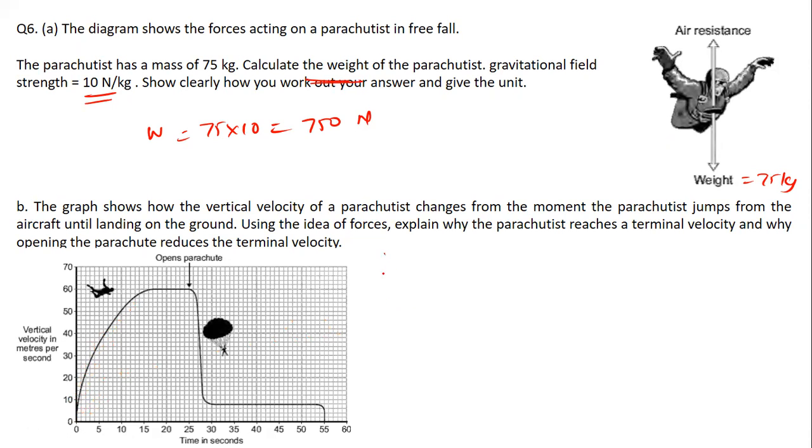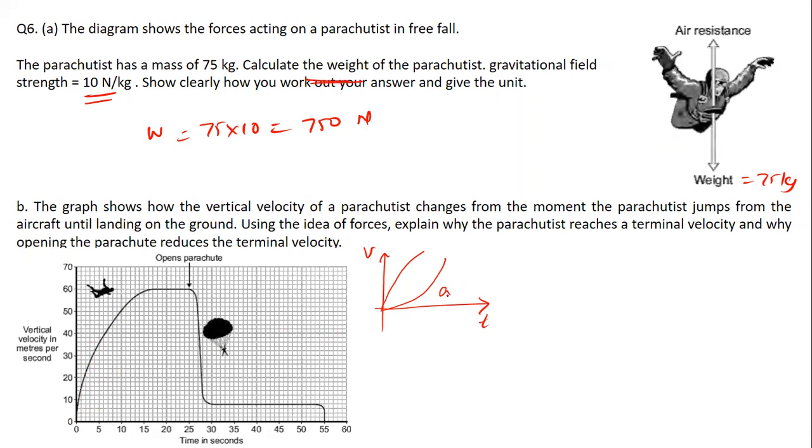So what is the difference between an increase in velocity like this and like this? Both are increasing only, but what is the difference between these two? The lower one means the acceleration is decreasing.